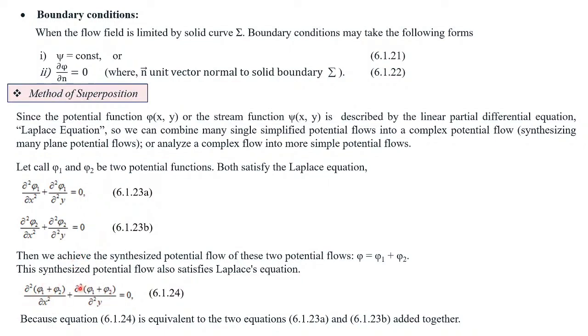Now we let phi equal phi 1 plus phi 2, and so here we have the second derivative with respect to x, plus this one for phi also. So you can see this equation is also a Laplace equation.